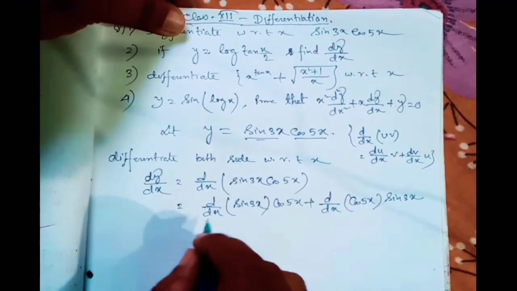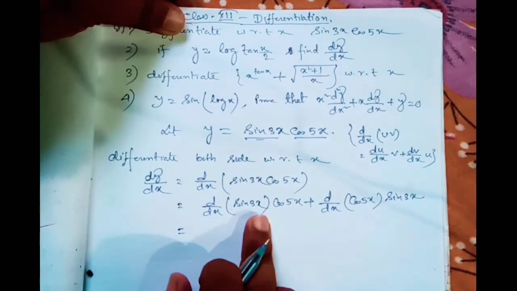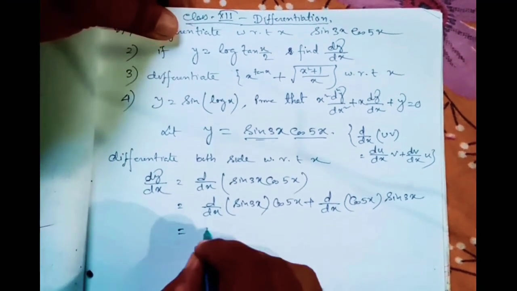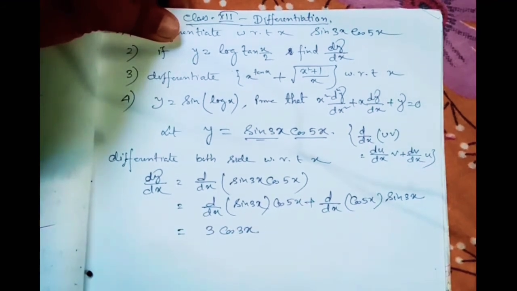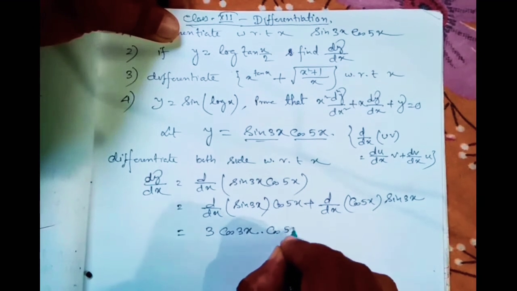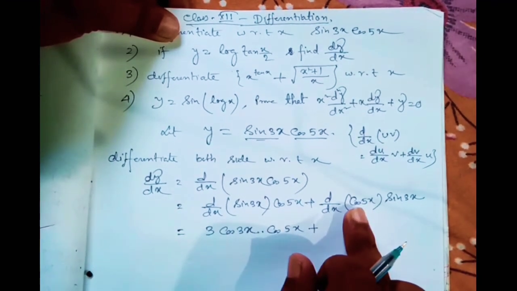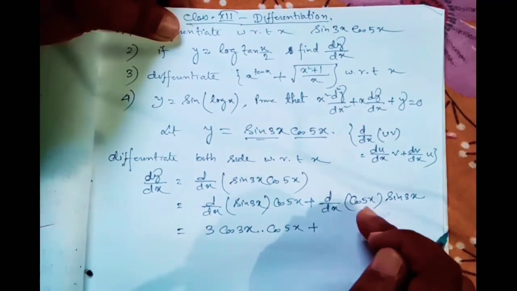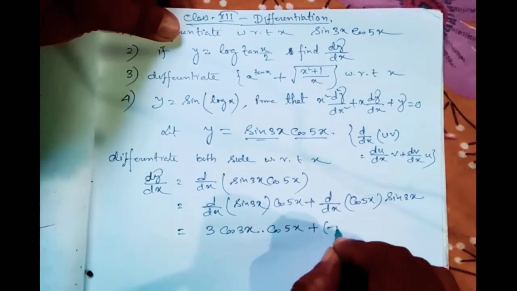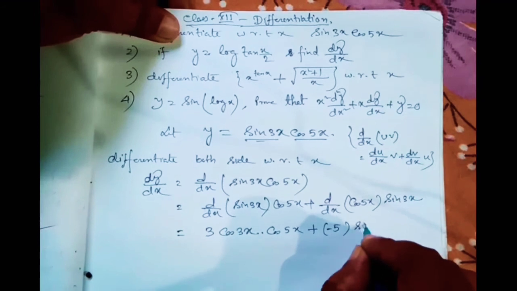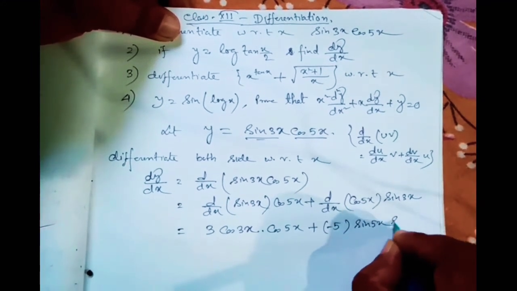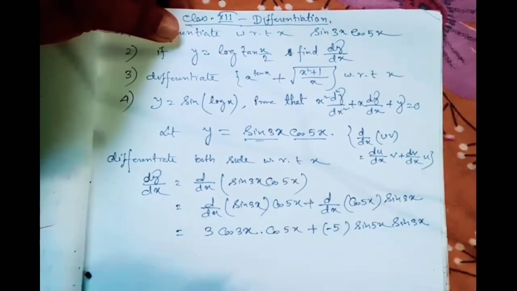Now d/dx of sin 3x means 3 cos 3x, we know that, into cos 5x. d/dx of cos 5x means minus 5 sin 5x into sin 3x.